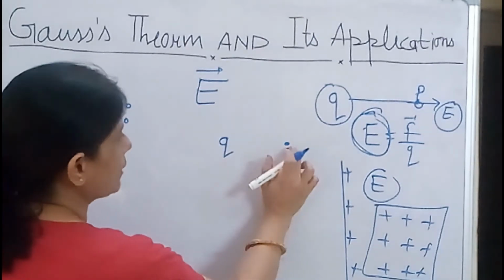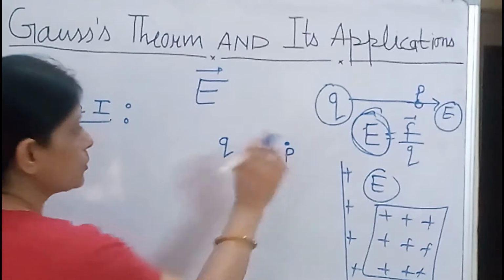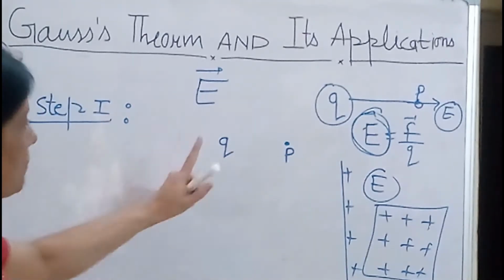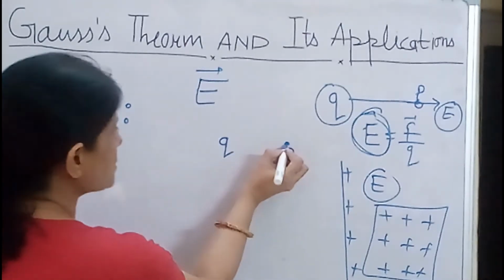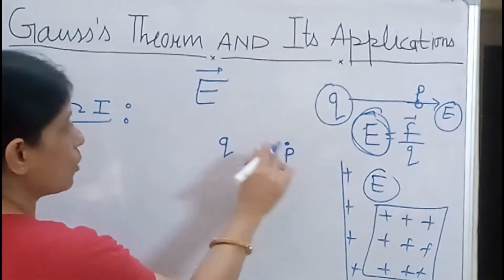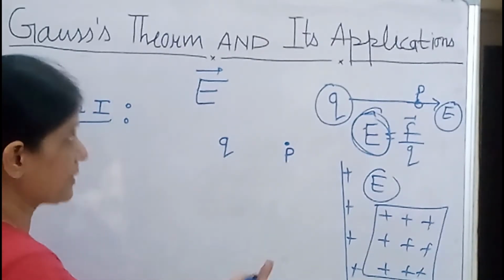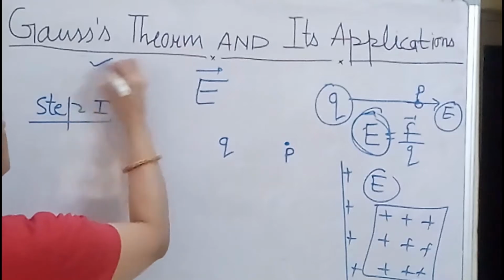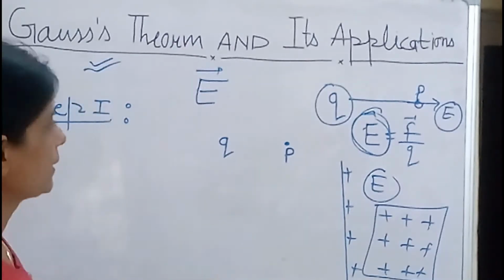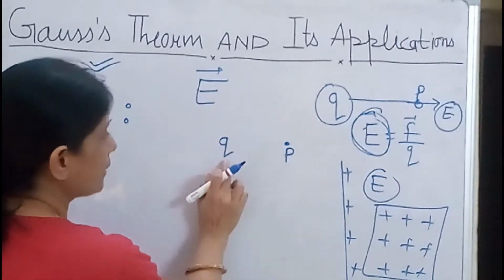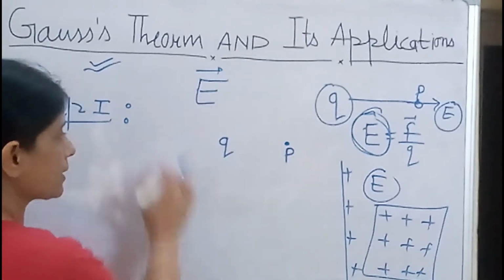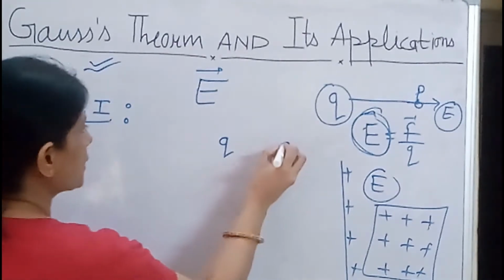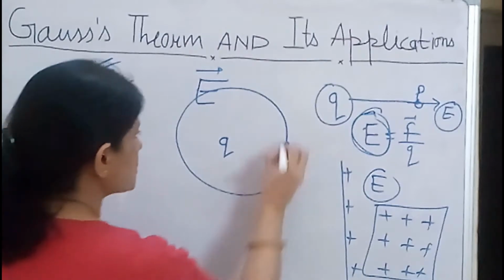At this point you have to draw one closed surface. As you know, the Gauss theorem is true for a closed surface. So step number one is you have to draw one closed surface around the charge.